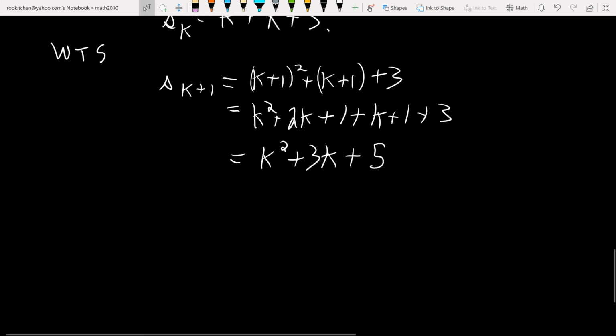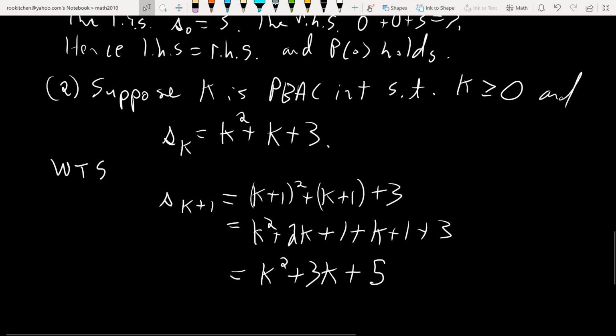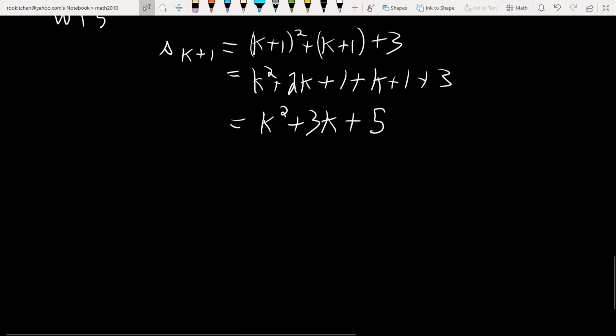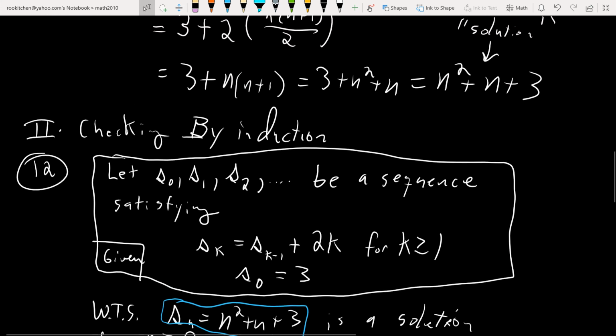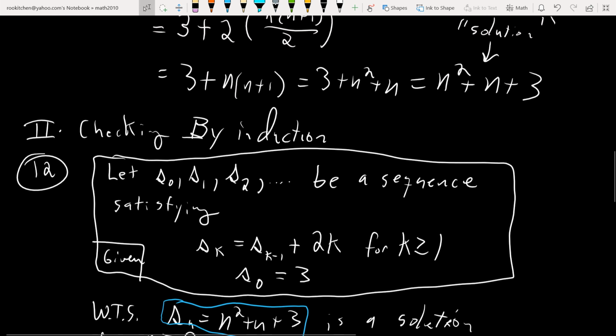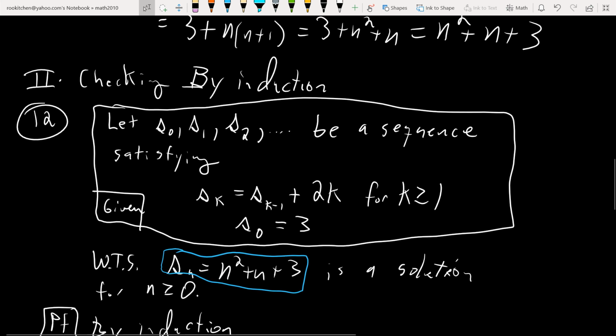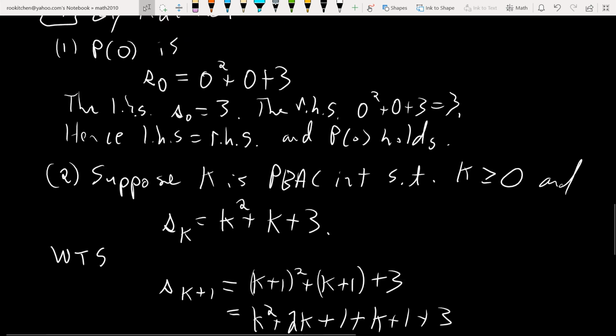Okay, that's what we want to show, and we'll start on the left-hand side with S sub k plus 1. Note, here I use the given definition from the recursive definition: S sub k is equal to S sub k minus 1 plus 2k.